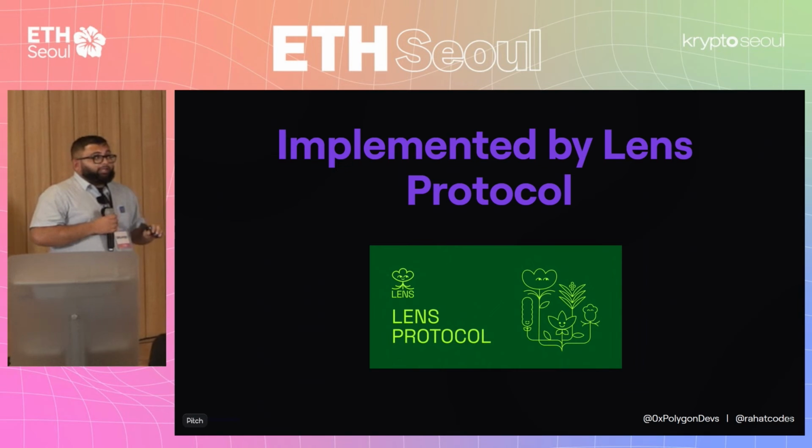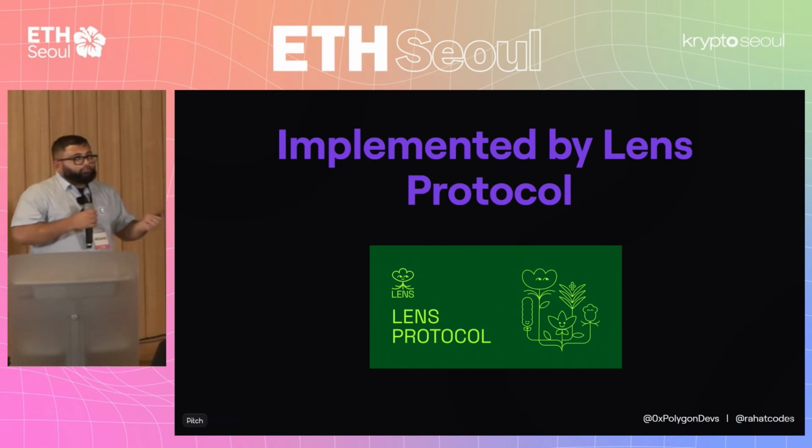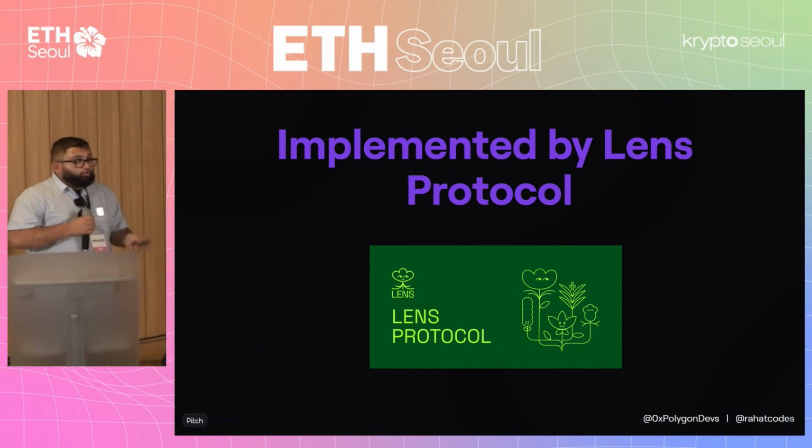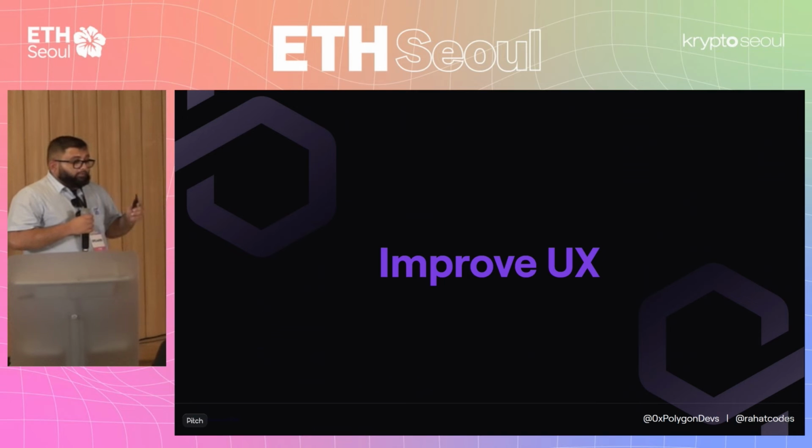So you don't have to pay any gas anytime you like a post, comment, or make a post, because all of these things change some state on the blockchain. All of these interactions would use some level of gas. But now you don't need to do that. As a user, you don't need to care about that because we have the relayers acting on your behalf in the background. This improves your UX by a very, very large amount.